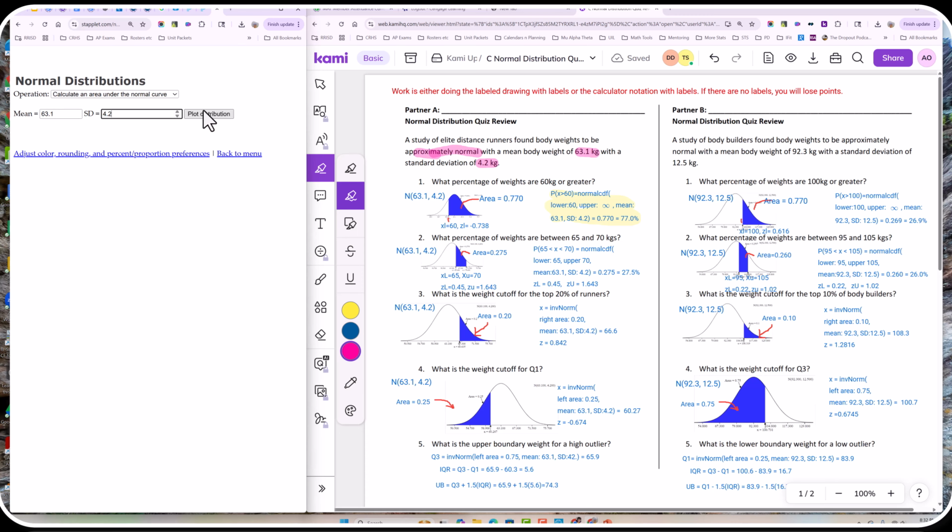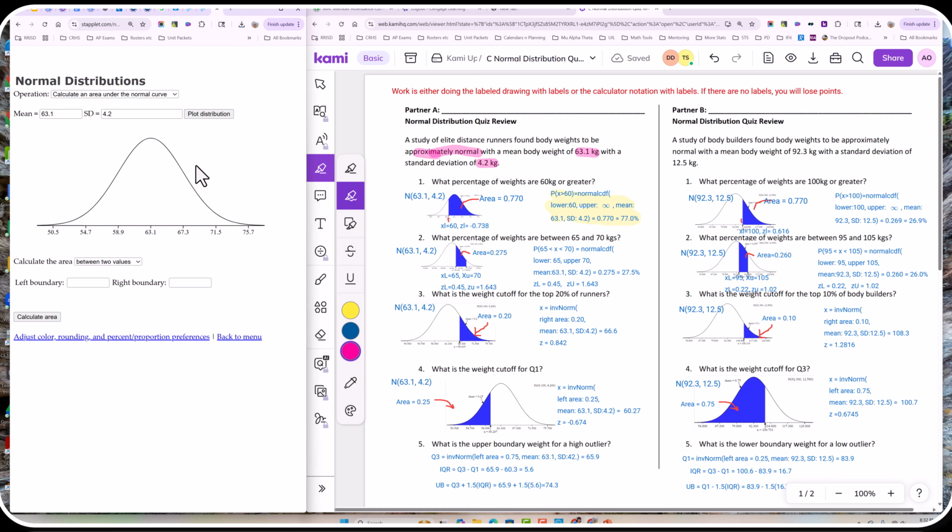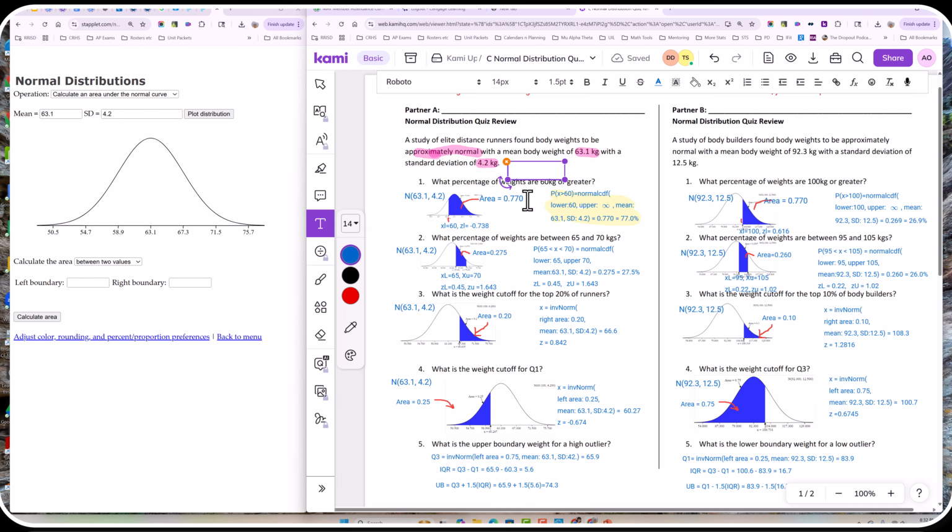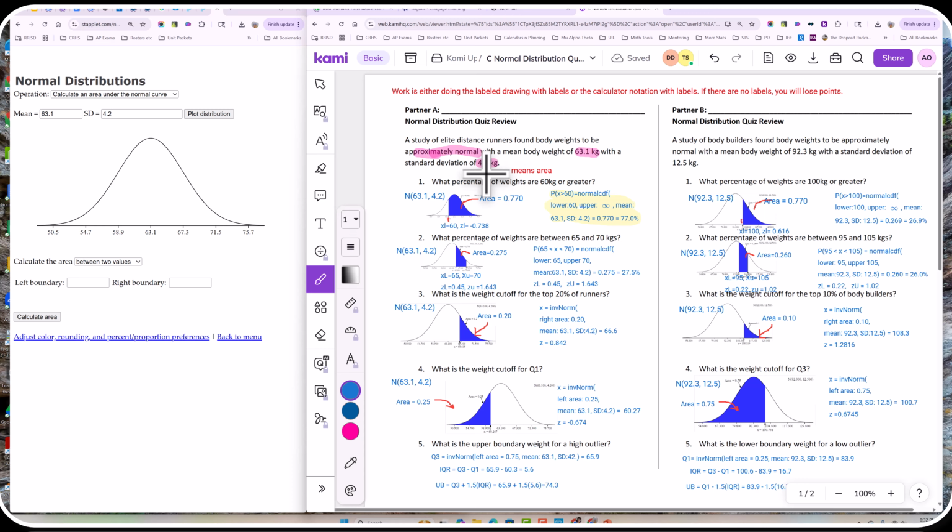Plot the distribution. Now I'm asking you what percentage of weights are 60 kilograms or greater. So that would be an area. Area is percentage. Okay, so let me go ahead and make a note. Percentage means area. All right, let me make that in red and draw a little arrow. That's what that means.